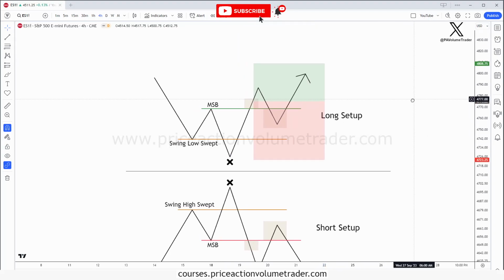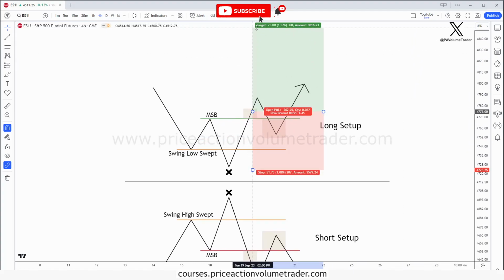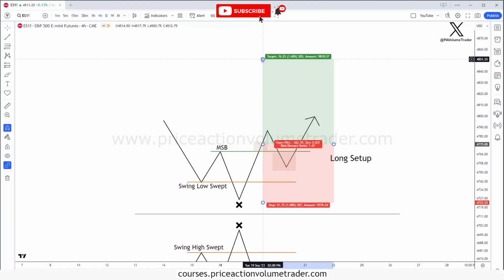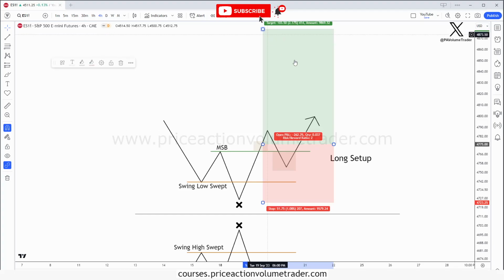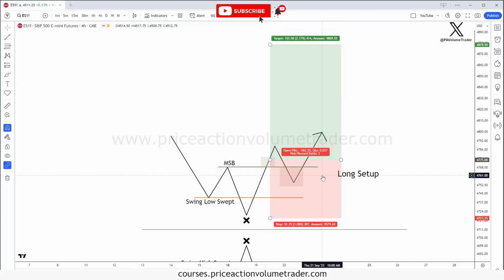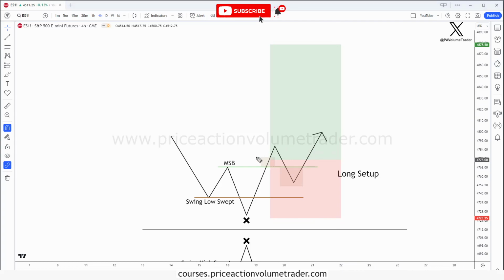Let's say our take profit is somewhere up here, a 2-to-1 trade. You can see that our entry was right here on the candle close confirmation.